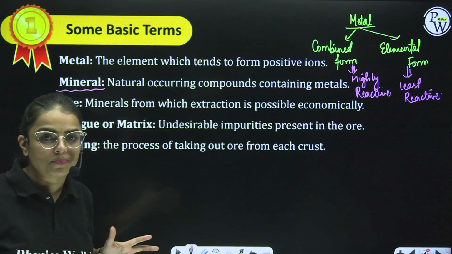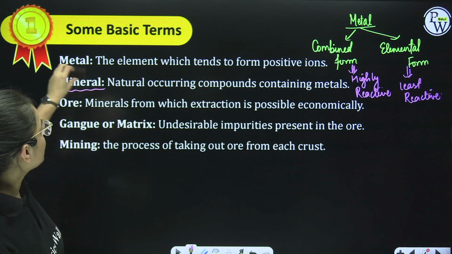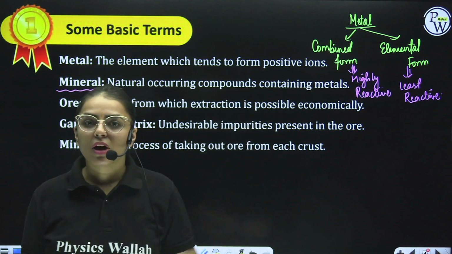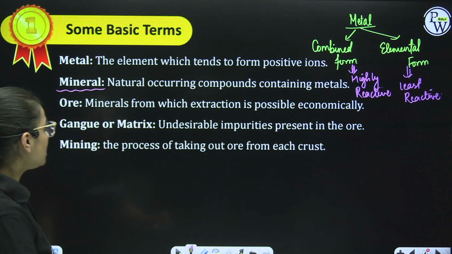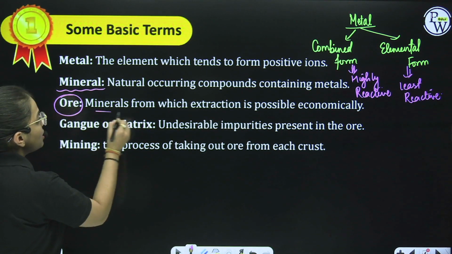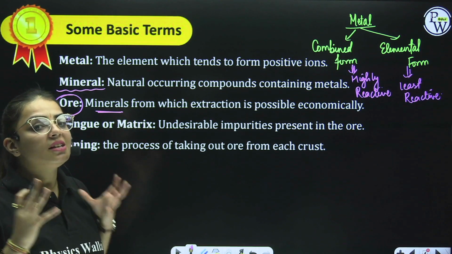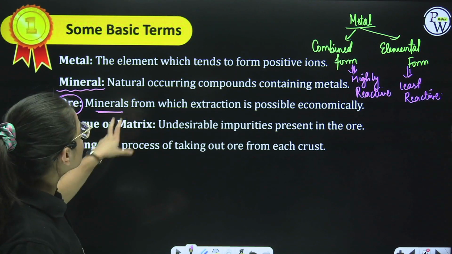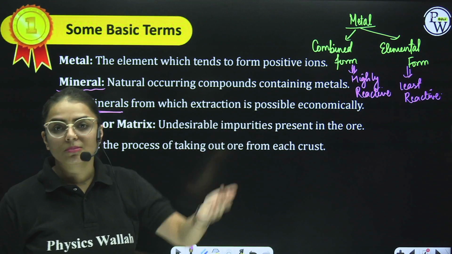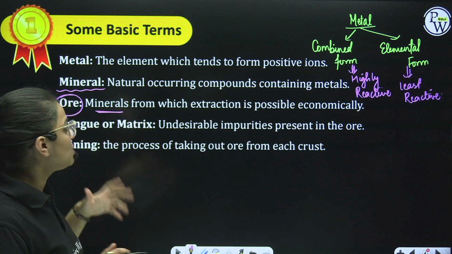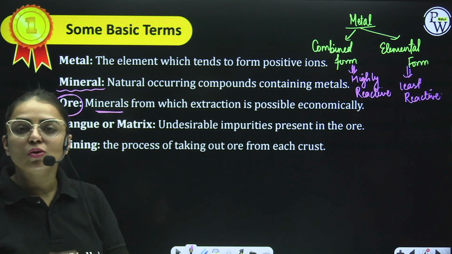But what is an ore? An ore is that mineral from which metal can be extracted, that means minerals from which extraction is possible economically. So minerals from which metal can be extracted are referred to as ores.